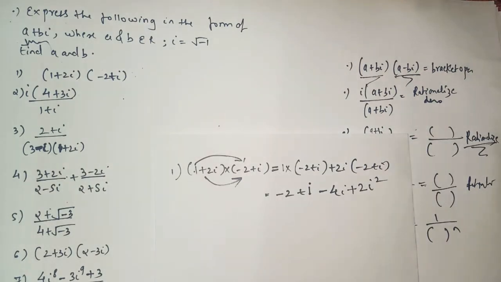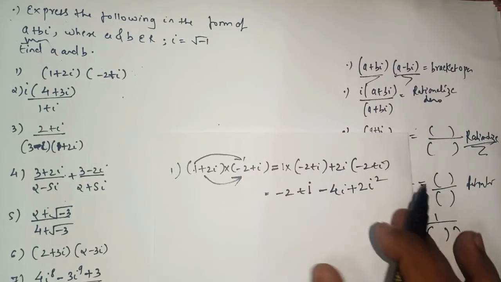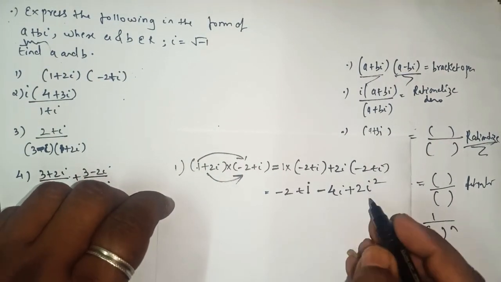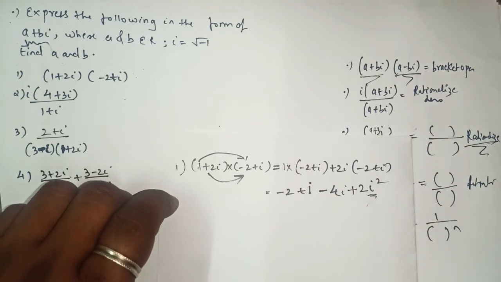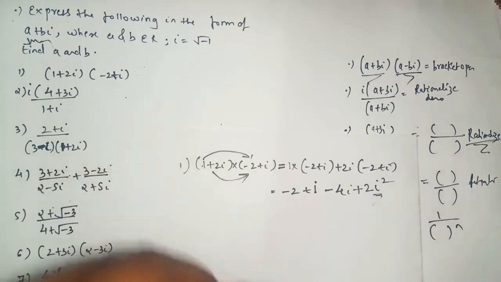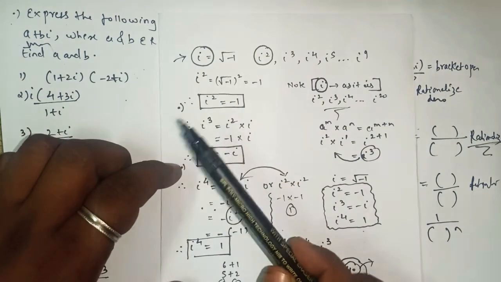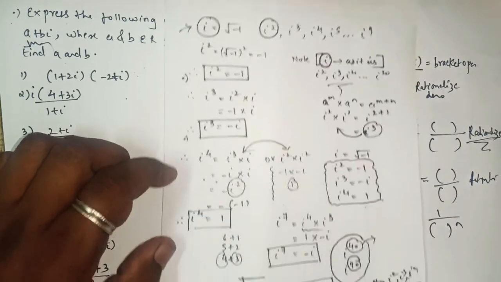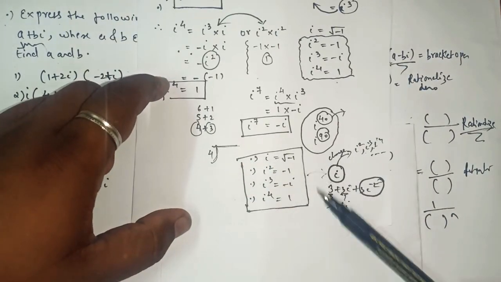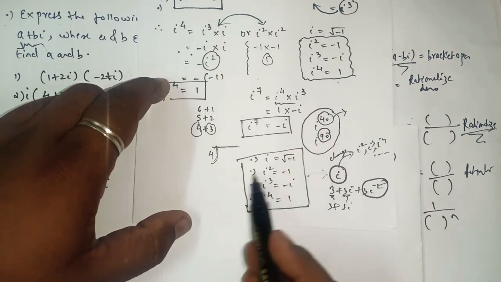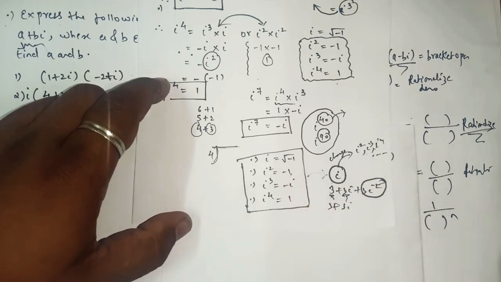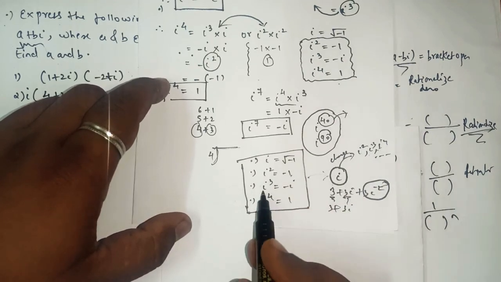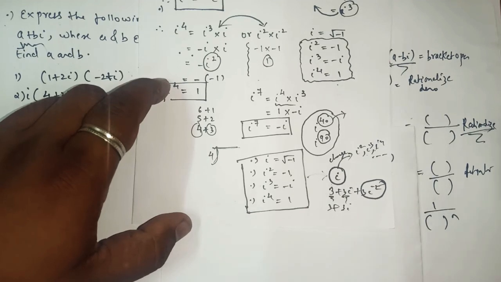Now what exactly I want to explain here, listen. Whenever you come across a sum like i square, i cube, i raised to 4, as I told in the last video lecture, you have to find the value of i square, i cube. You have to remember these 3 or 4 values. So i square is equal to minus 1. Whenever you see i square anywhere, simply replace i square by minus 1. i cube is minus i, i raised to 4 is 1.